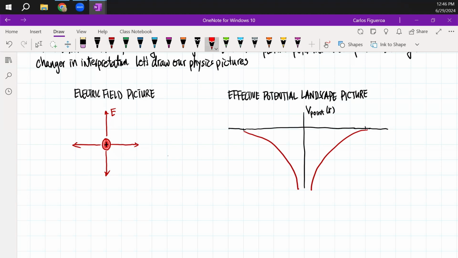So now the forbidden region is out here. And so we say that this is the so-called forbidden region.